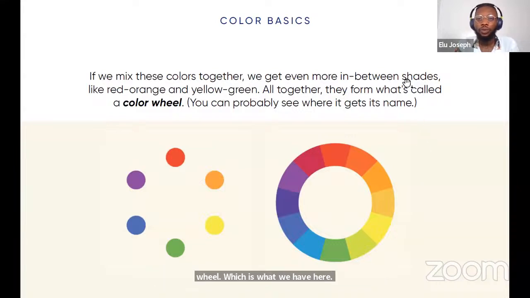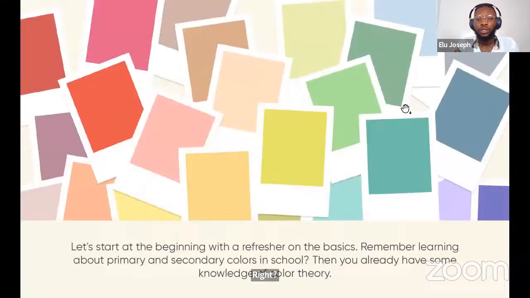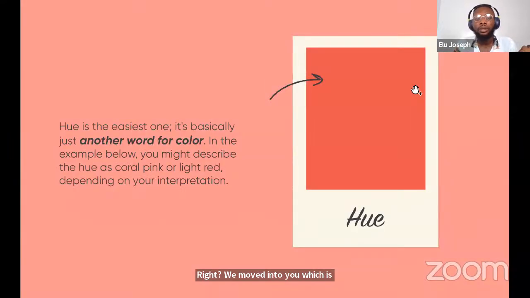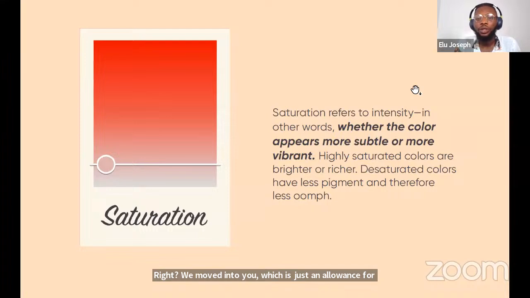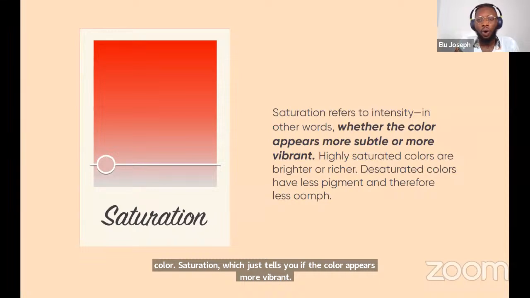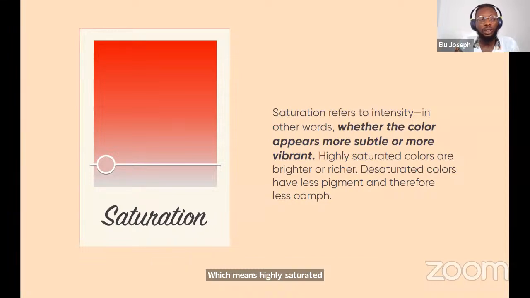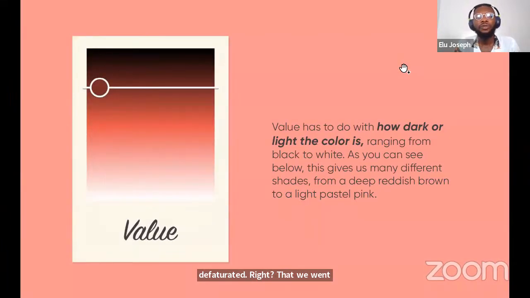Then from the color wheel, we moved into hue, which is just another word for color. Saturation, which just tells you if the color appears more vibrant, which means highly saturated, or subtle, which means desaturated, right? Then we went into value. I remember someone mentioned value when we were talking about the principles and fundamentals of design.